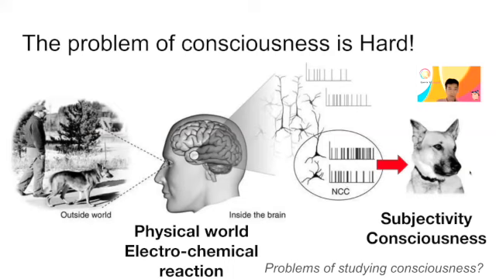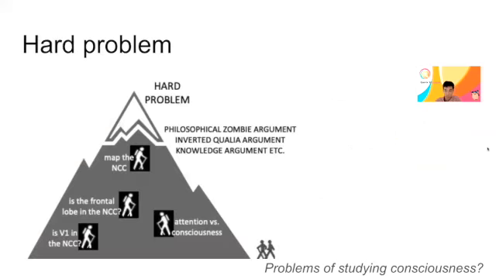So that's the question. And according to Chalmers, this is a qualitatively very different kind of question than other types of questions that neuroscience can deal with. And that's why he used the capital letter H to call it the hard problem of consciousness.